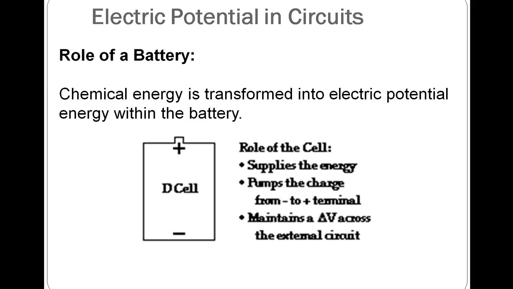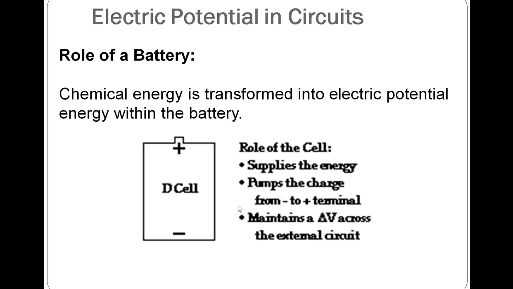Okay, the role of a battery. I kind of mentioned this already, but what a battery does is take chemicals, and through a chemical reaction it gives you an electric potential. It gives you that electric potential energy, and then you can use that in the battery for current. A common thing for circuits is to use a water pump as an analogy.